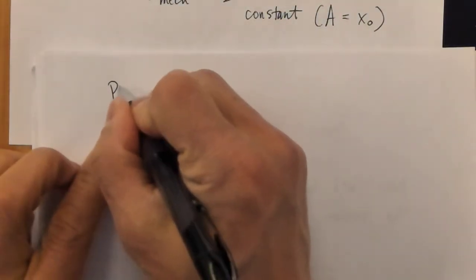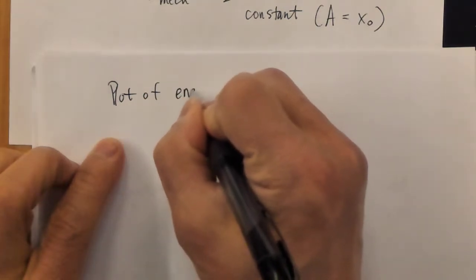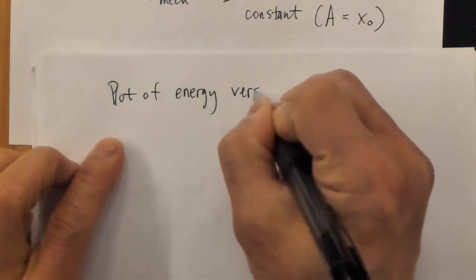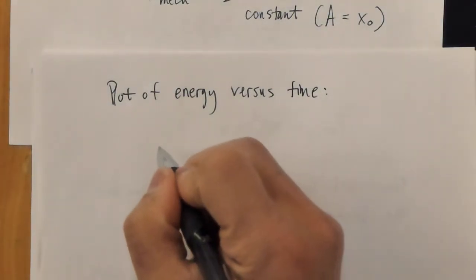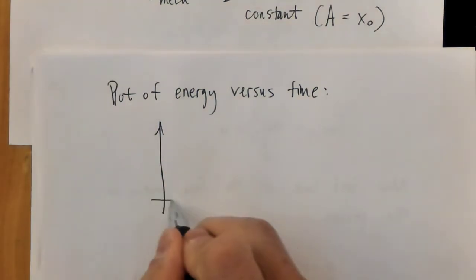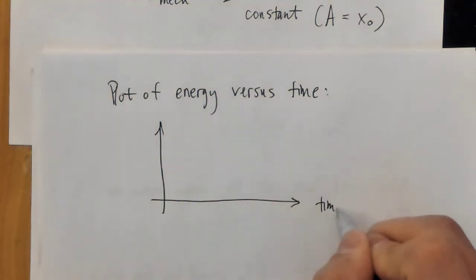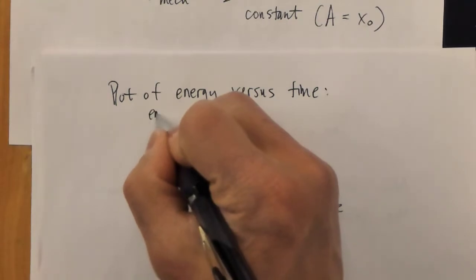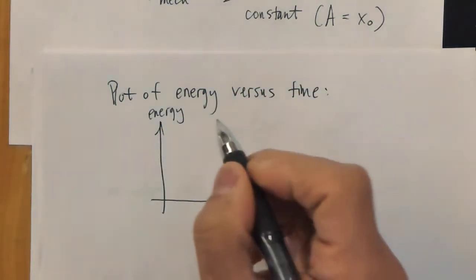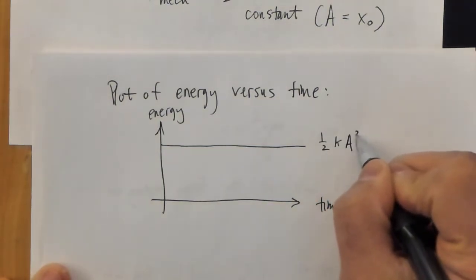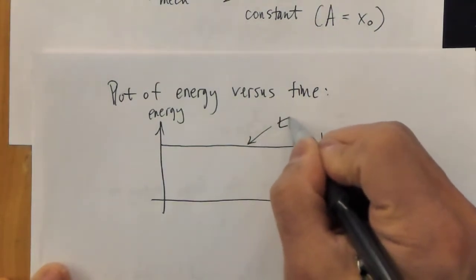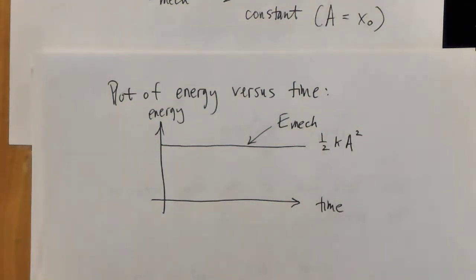Now, I can make a little plot of energy versus time, with different kinds of energy. So here's my 1/2 k a squared. That's going to be my E mechanical, the total energy.